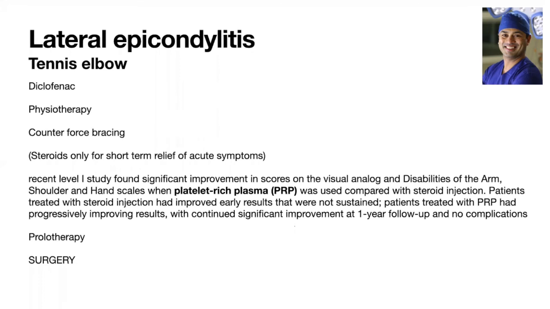So this concentrates growth factors. The idea is that all tendons in the body have a poor blood supply and poor access to growth factors, which is why they tear.